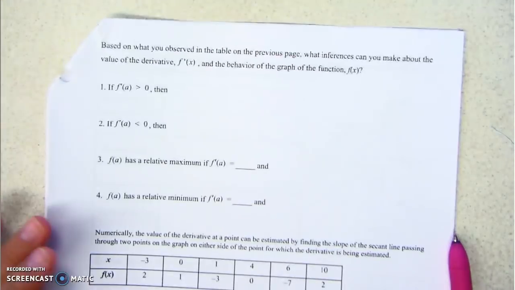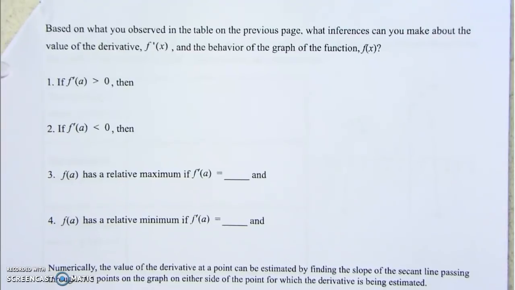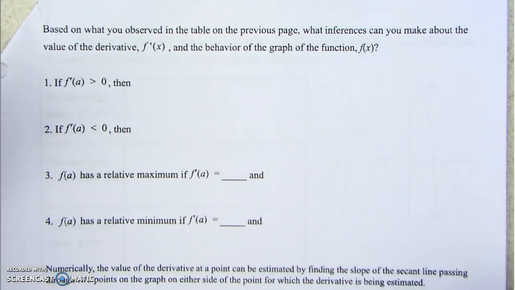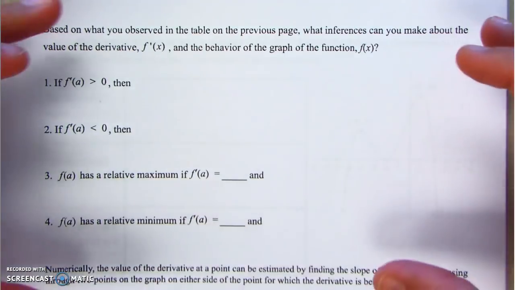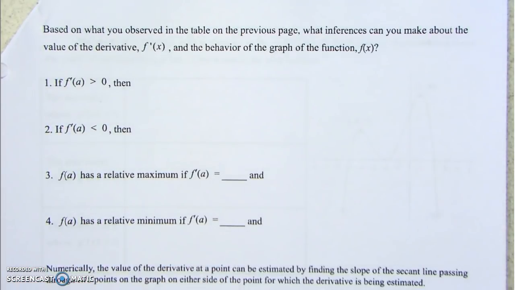We were exploring the derivative. Based on what you observed in the table on the previous page, what inferences, like what can you infer, what can you conclude, can you make about the value of the derivative and the behavior of the graph of the function f? Okay, so this is a big idea, you guys, big idea. If the derivative is greater than 0, well, that means the derivative is positive.